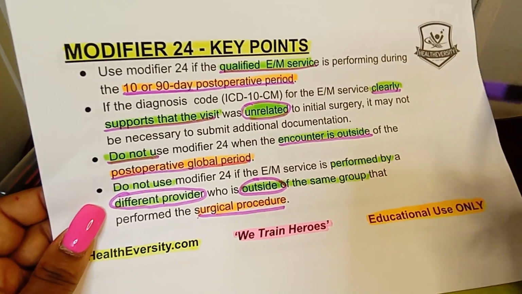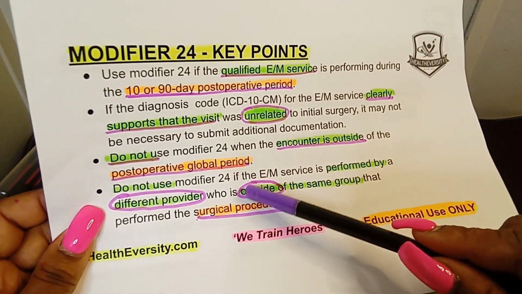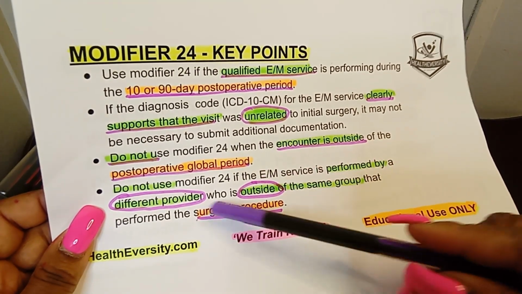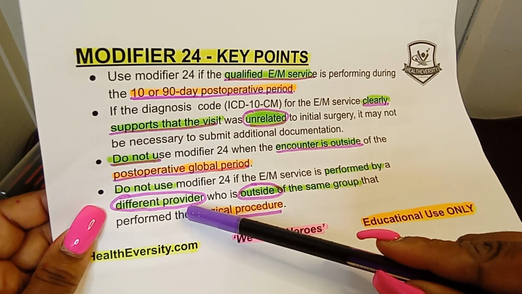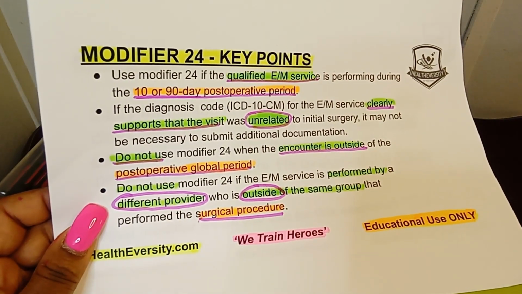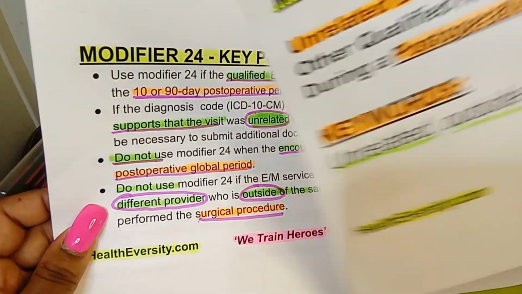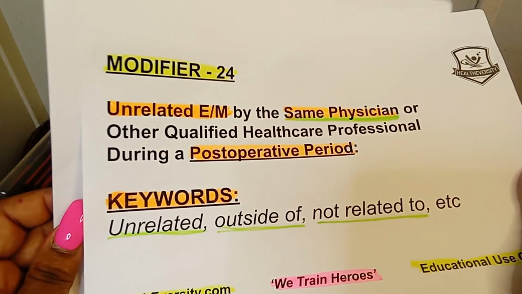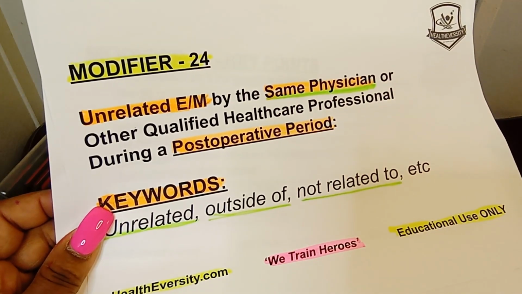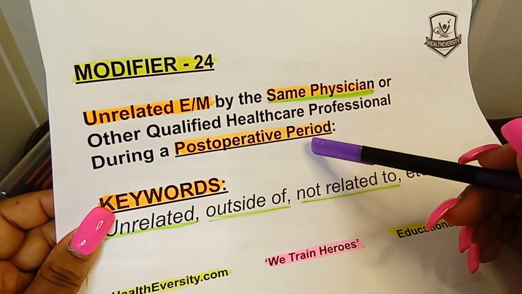Do not use modifier 24 if the E&M service is performed by a different provider. Remember what it says: by the same physician in the post-operative period.